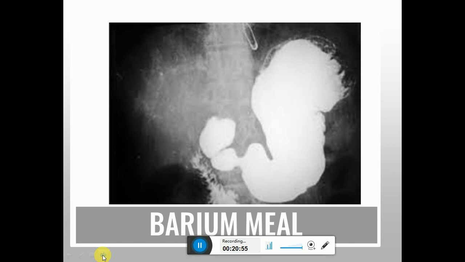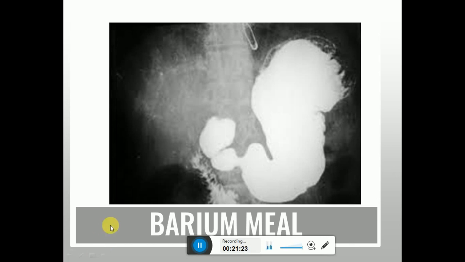Next is barium meal. In this, a 5% barium sulfate suspension in water is made, and then it is examined under fluoroscopy, or we will take radiographs. By this barium meal, we can visualize the whole of the alimentary canal.